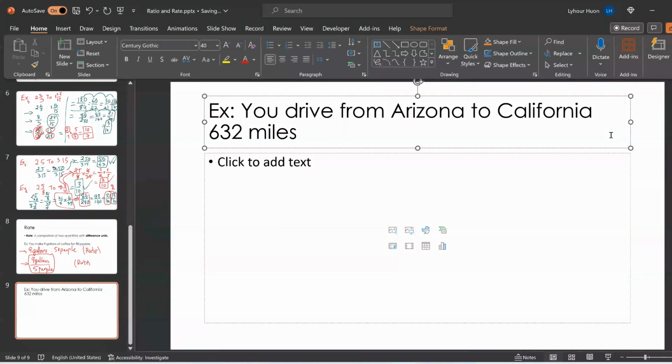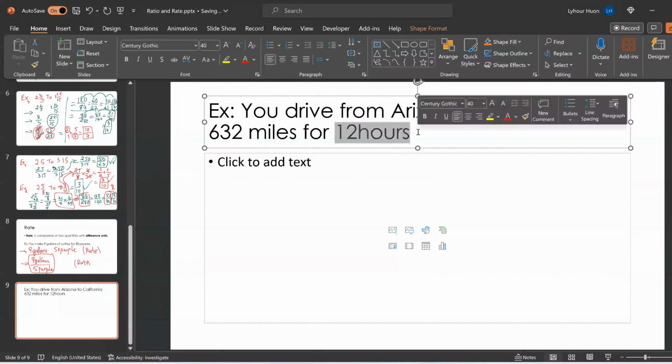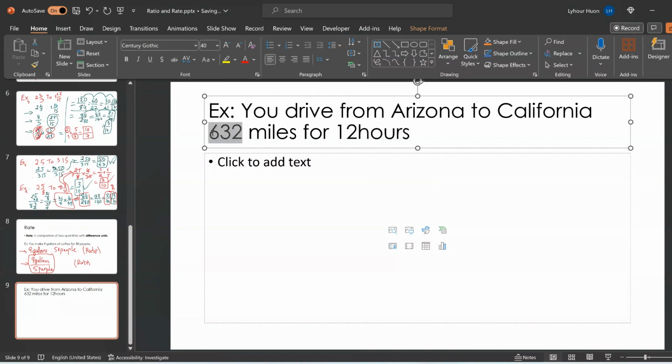Then driving, it's like 12 hours and 44 minutes. Like 736.5 miles for 12 hours.